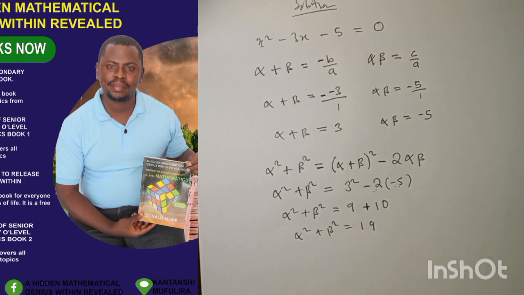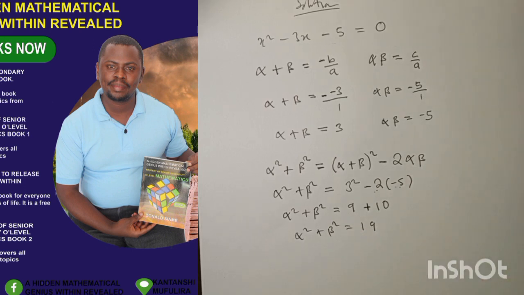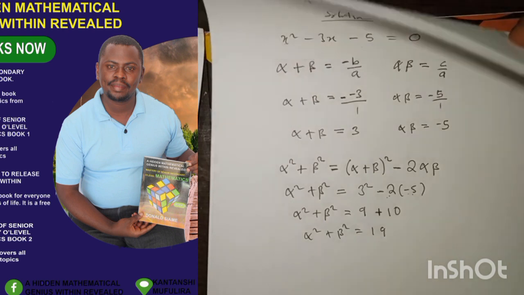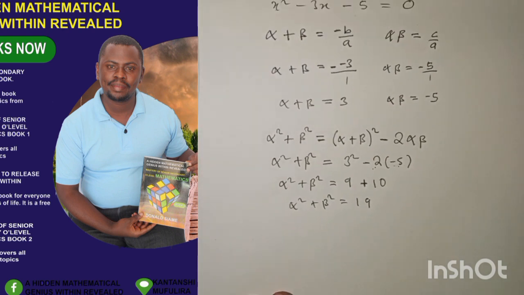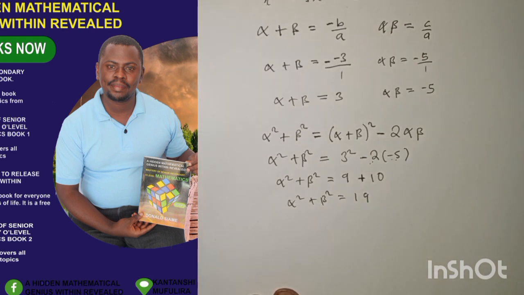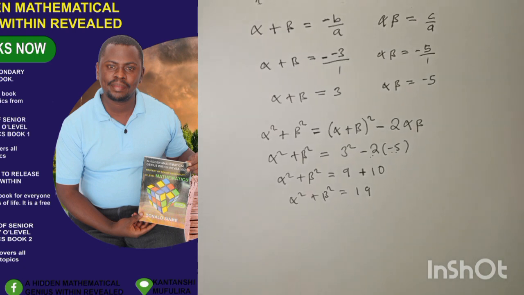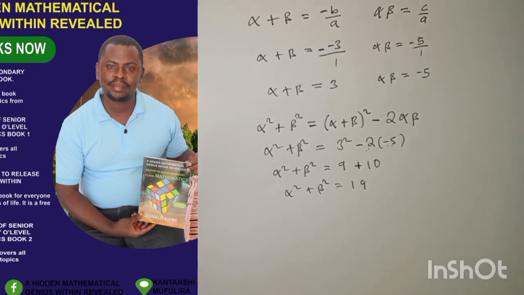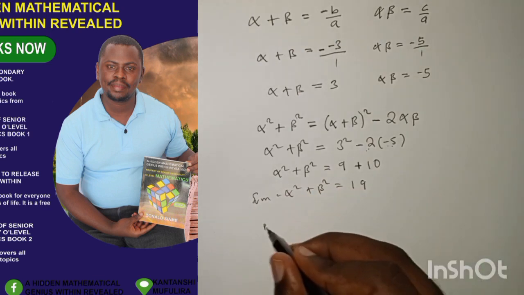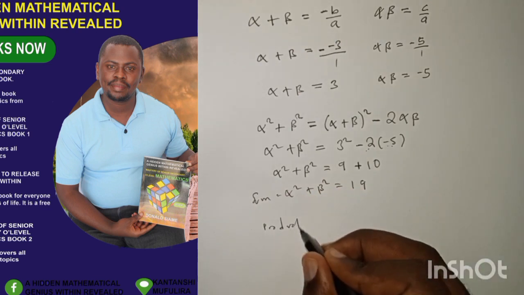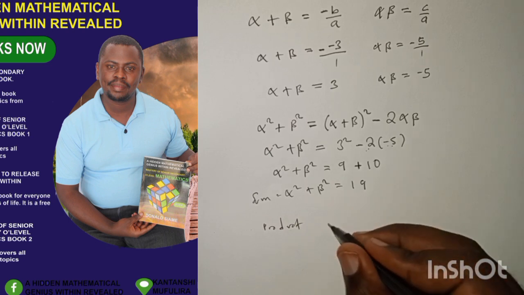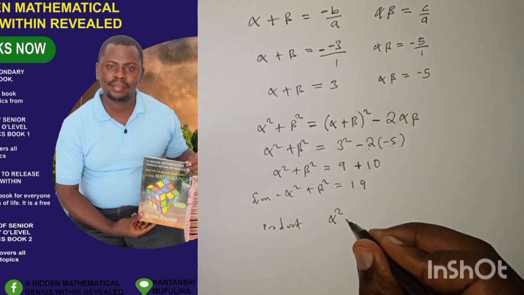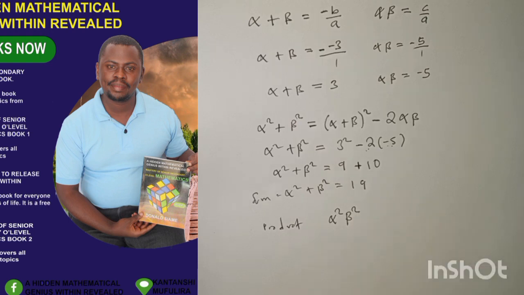Now let's go to the product. The product is just a multiplication of our roots for the equation we are looking for. So this is the sum, then the product we are going to have is alpha squared times beta squared.